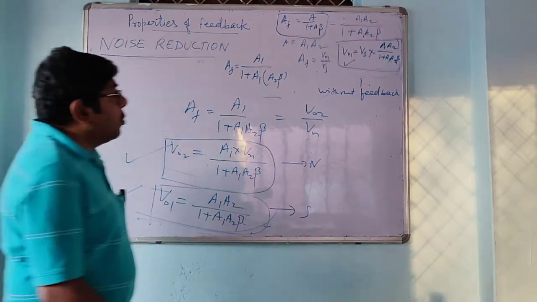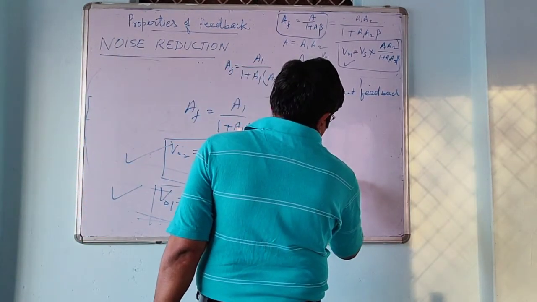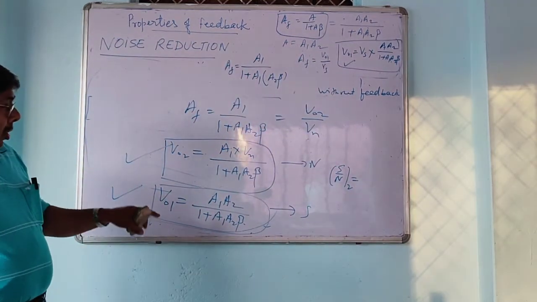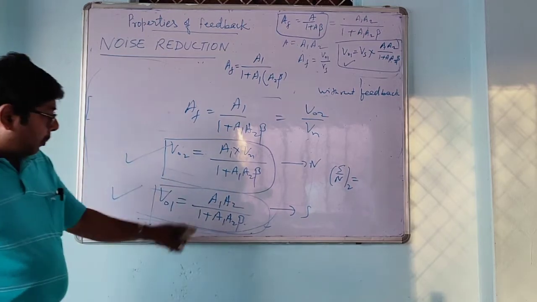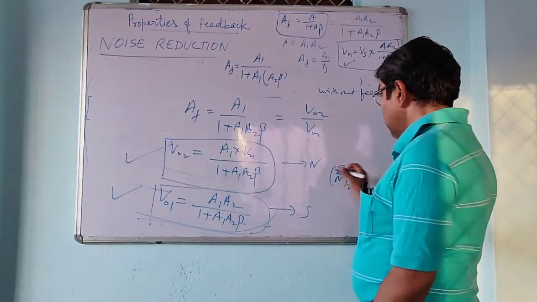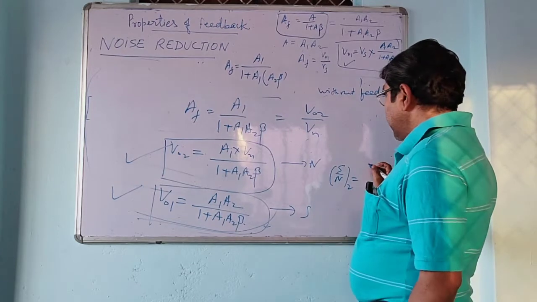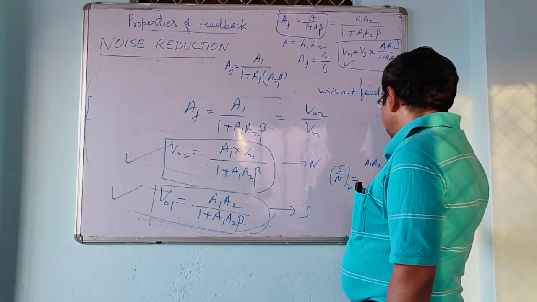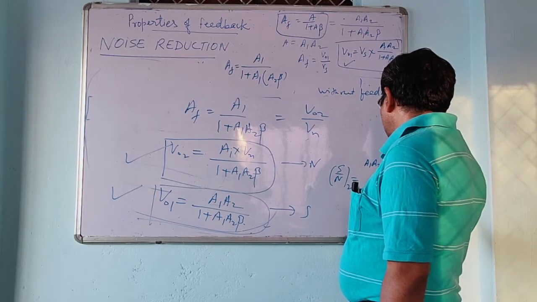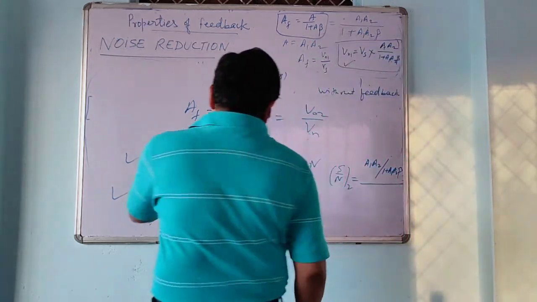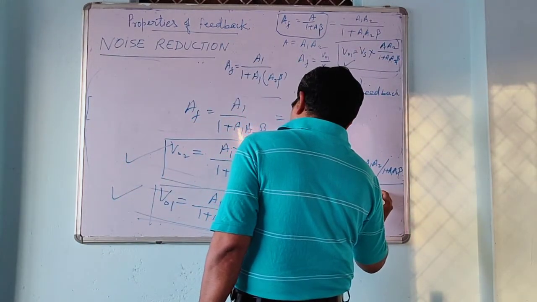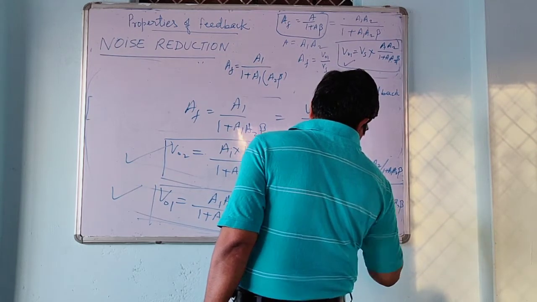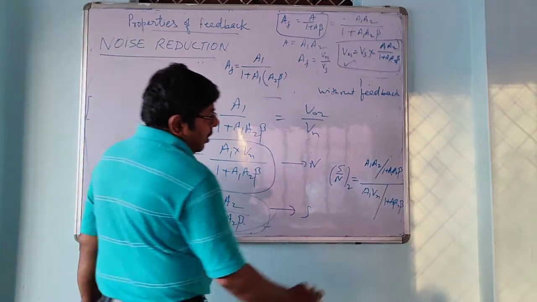So what is the signal to noise ratio here? Signal to noise ratio, suppose this is the second case with feedback. So divide this signal by this noise. You can write A1 A2 upon 1 plus A1 A2 beta, whole divided by A1 Vn, whole divided by 1 plus A1 A2 beta. The denominator is the same, so this is cancelled out.